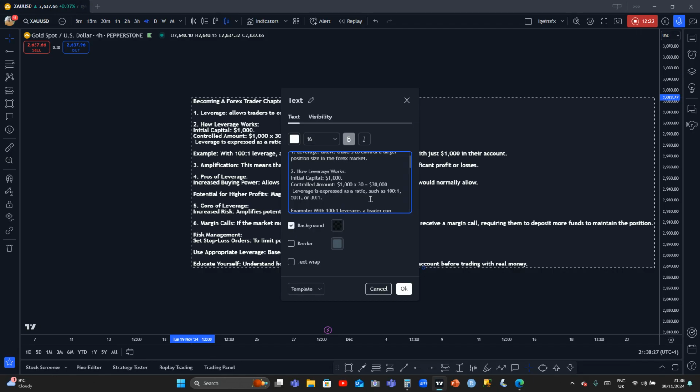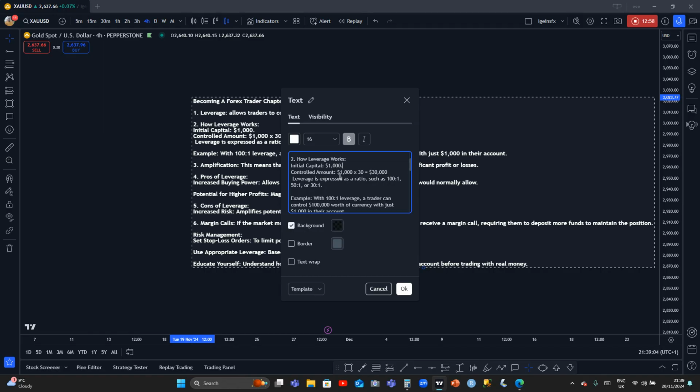It is expressed in ratio, such as 100 ratio 1, 50 ratio 1, or 30 ratio 1. Just to make it very simple, let's say your own capital is $1,000, then multiplied by 30.